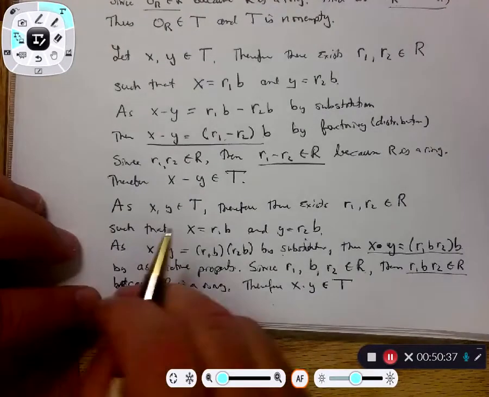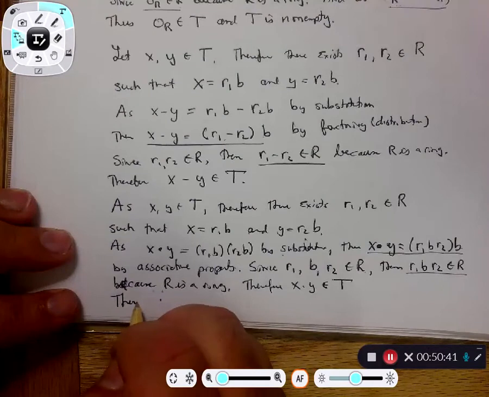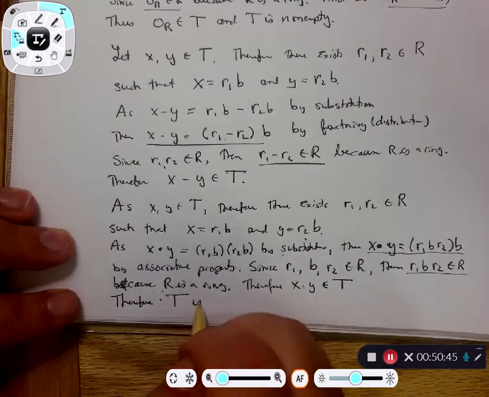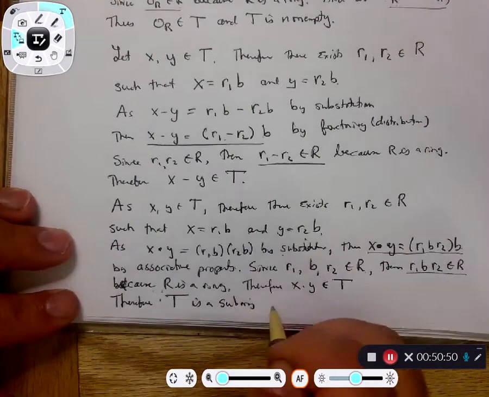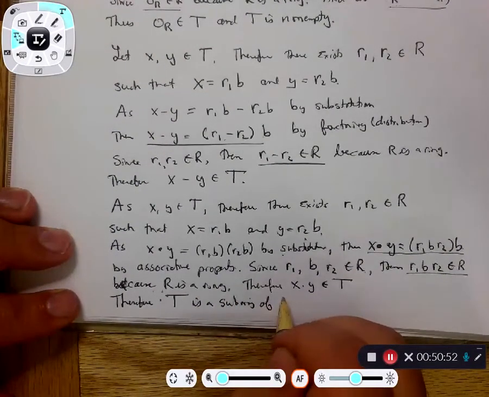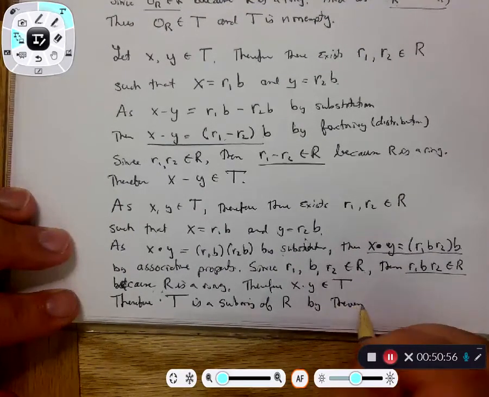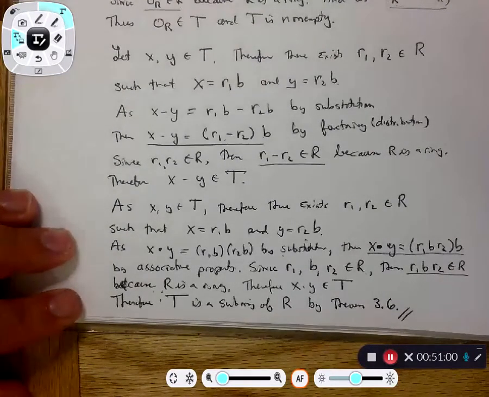And another therefore, state your claim. Therefore, T is a subring of R by Theorem 3.6. All parts have been satisfied.